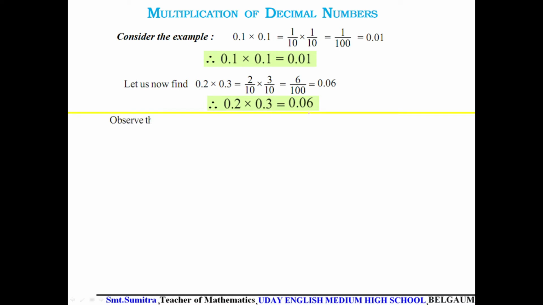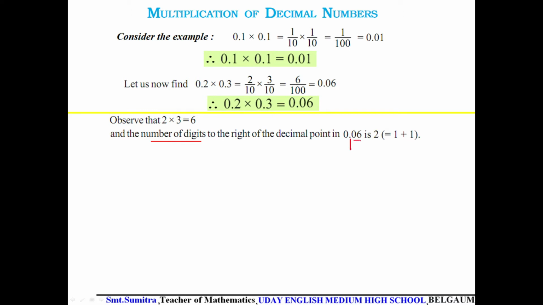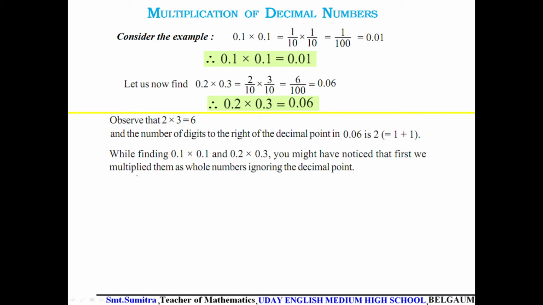Observe that 2 into 3 is 6. The number of digits to the right of the decimal point in 0.06 is 2. That means after the decimal point there are 2 digits. While finding 0.1 into 0.1, 0.2 into 0.3, please notice that we first multiply them as whole numbers, ignoring the decimal point.